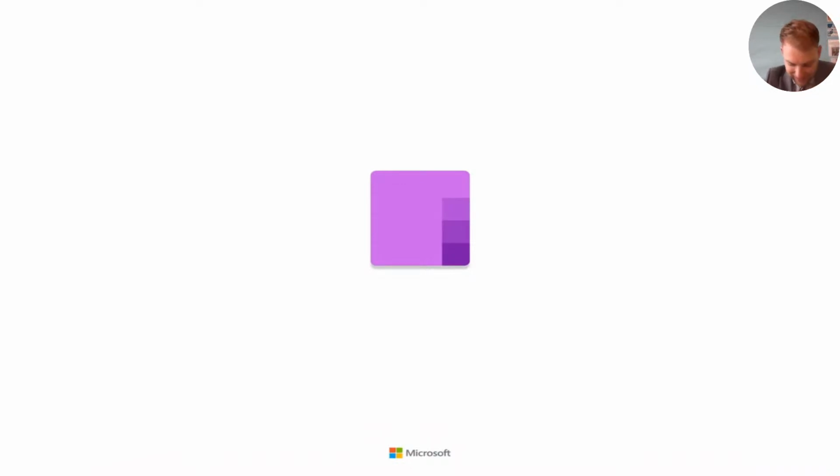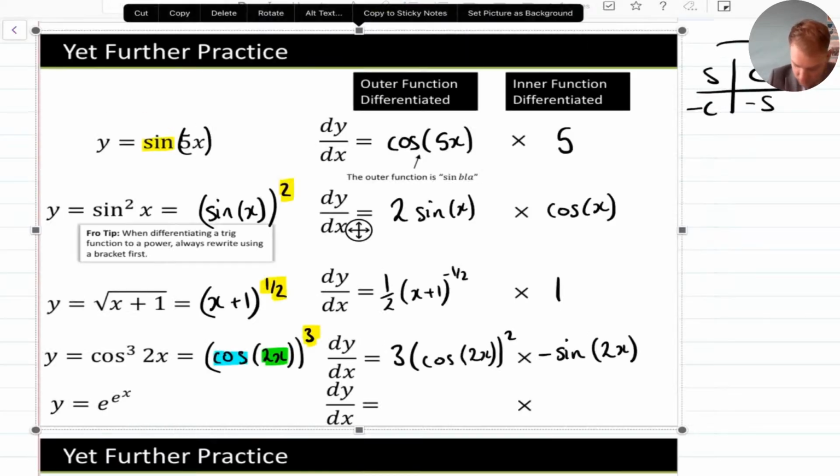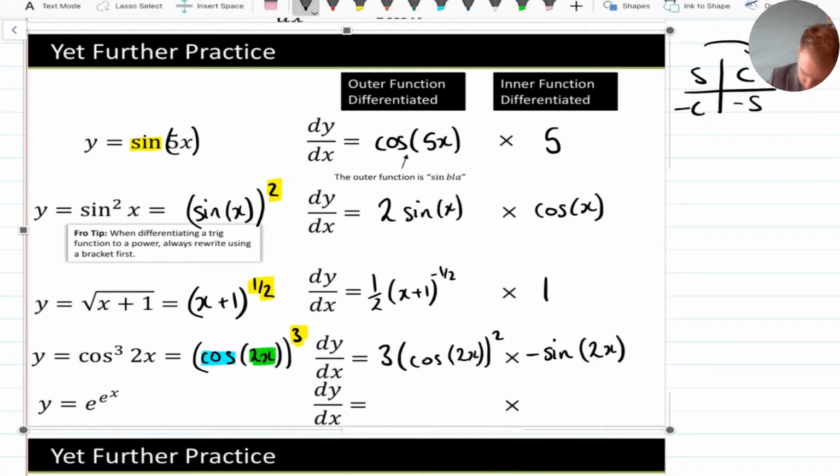And then my last layer is going to be that 2x when it comes back. There you go. Put those brackets back. And the last layer is that 2x. So times by, if I differentiate 2x, that's just going to be 2. So times by 2.